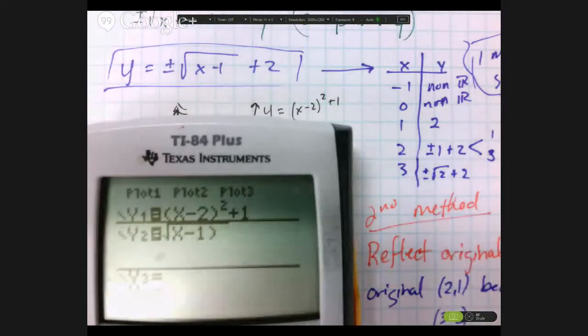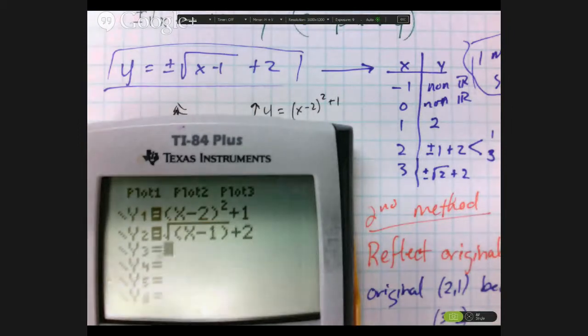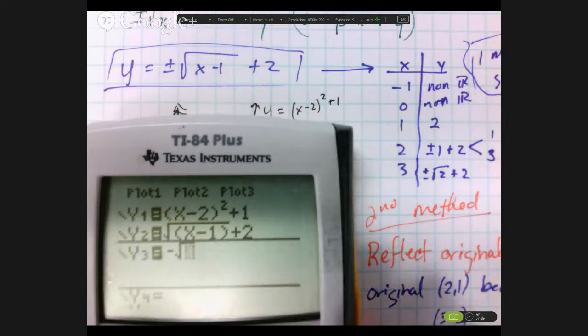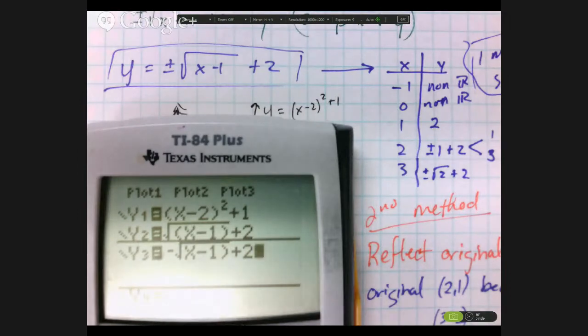And then I'm going to do the negative. As long as you're inside the parentheses, you're going to be okay. X is just below mode.